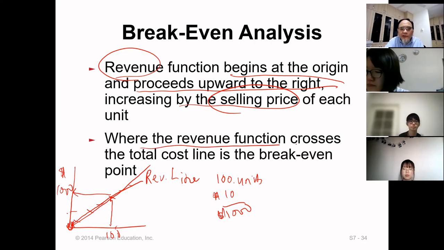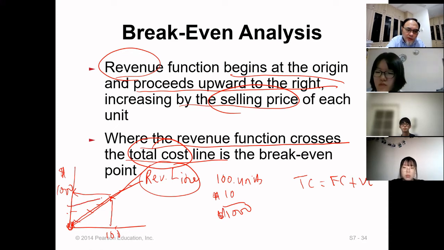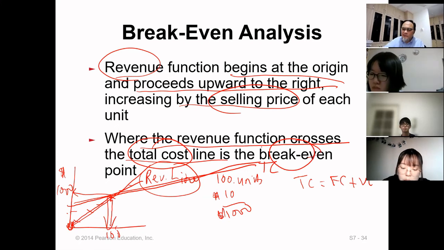Where the revenue function crosses the total cost line is the break even. Total cost is fixed cost plus variable cost. Let's say we have a total cost line somewhere here. This is the break even.